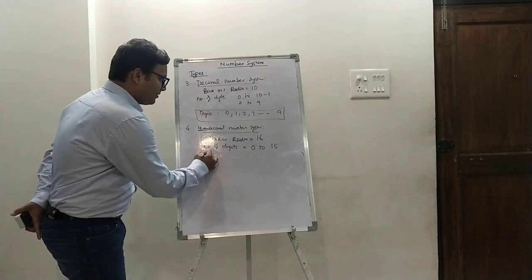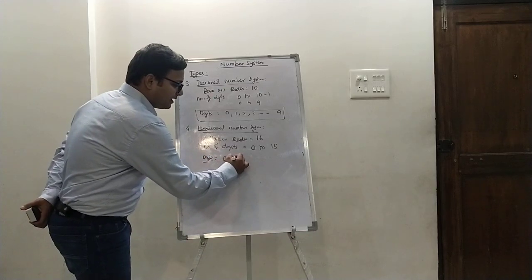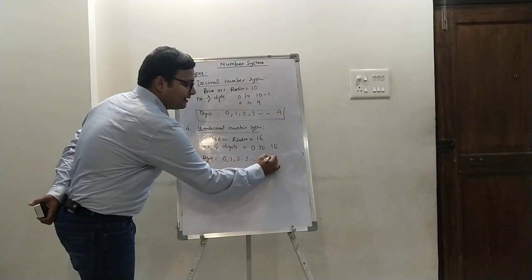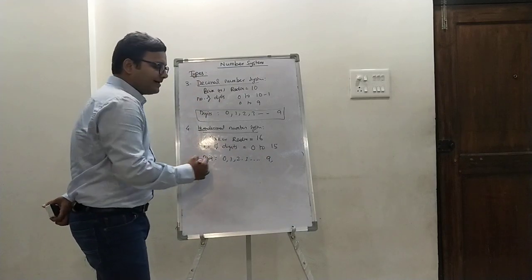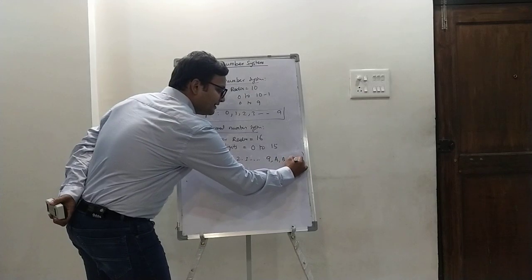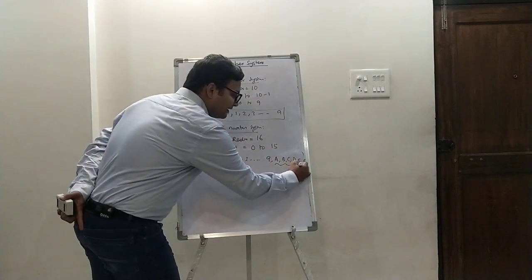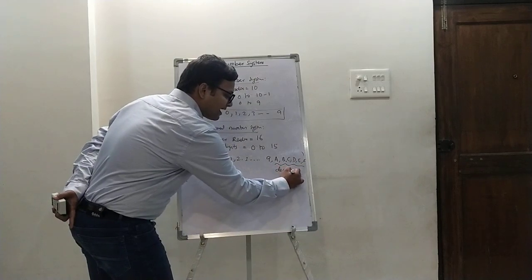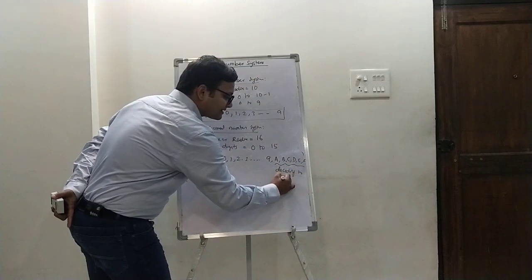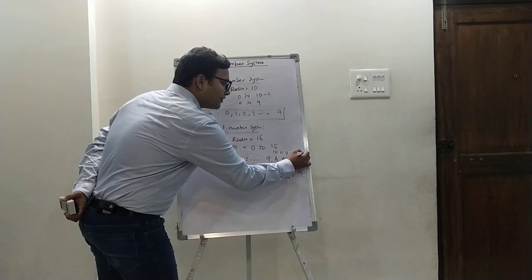The digits are 0, 1, 2, 3 up to 9, then A, B, C, D, E, F. These are 10, 11, 12, 13, 14, 15.